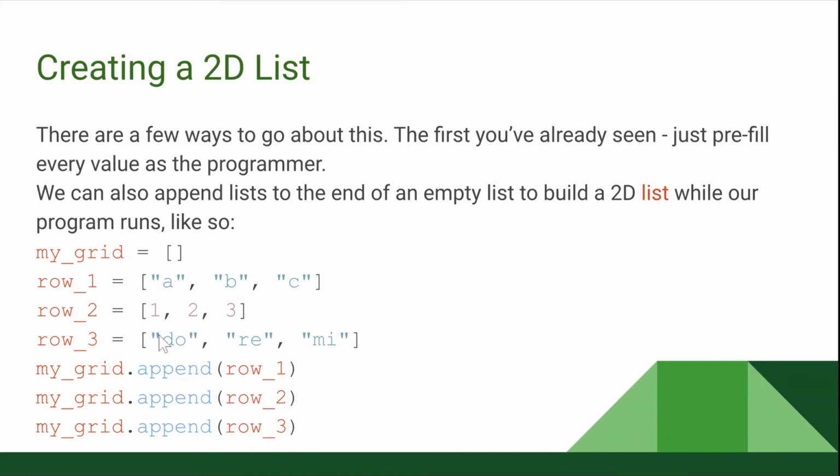I have 3 separate lists, and then I can append each of those rows into my overall grid, thus giving me a list of lists, because append is going to add 1 value to the end of my grid variable. It's going to add 1 value, that value being the whole list. So I get 1 list, 2 list, 3 list appended to the end of my grid, thus giving me that 3 by 3 grid size.